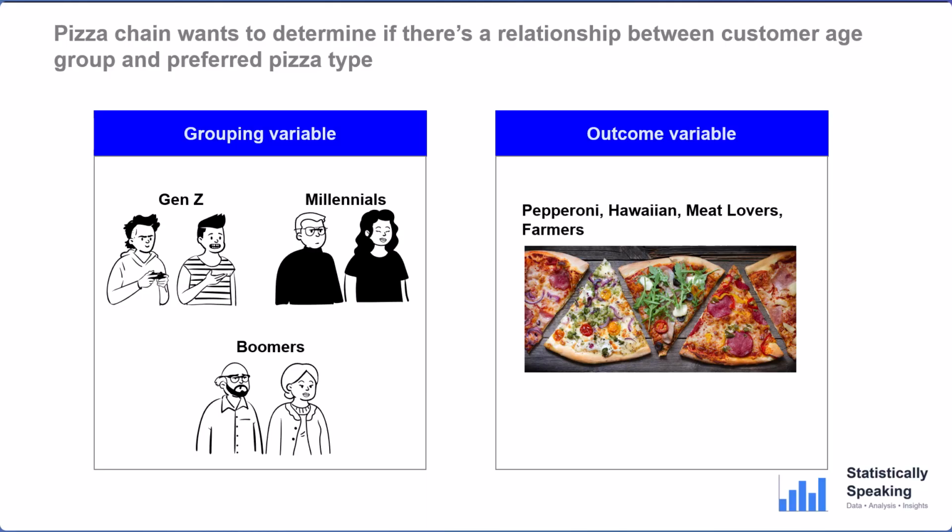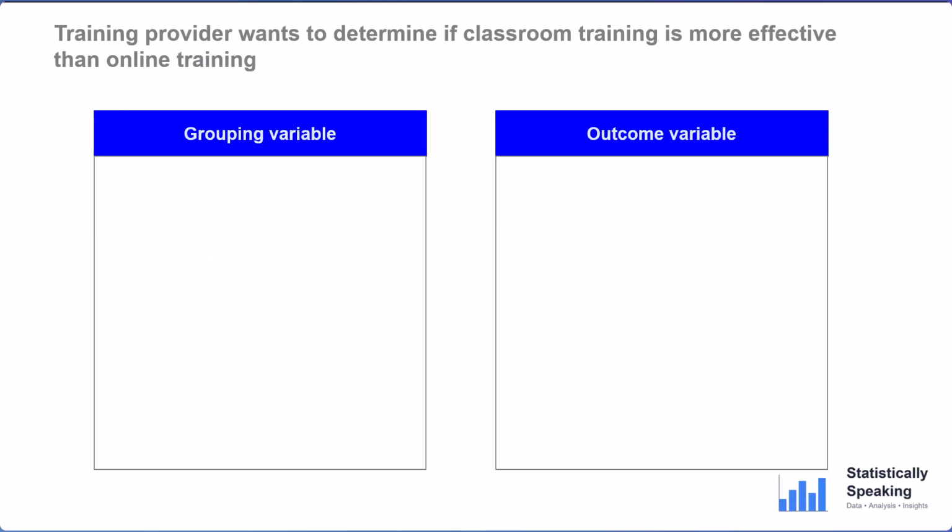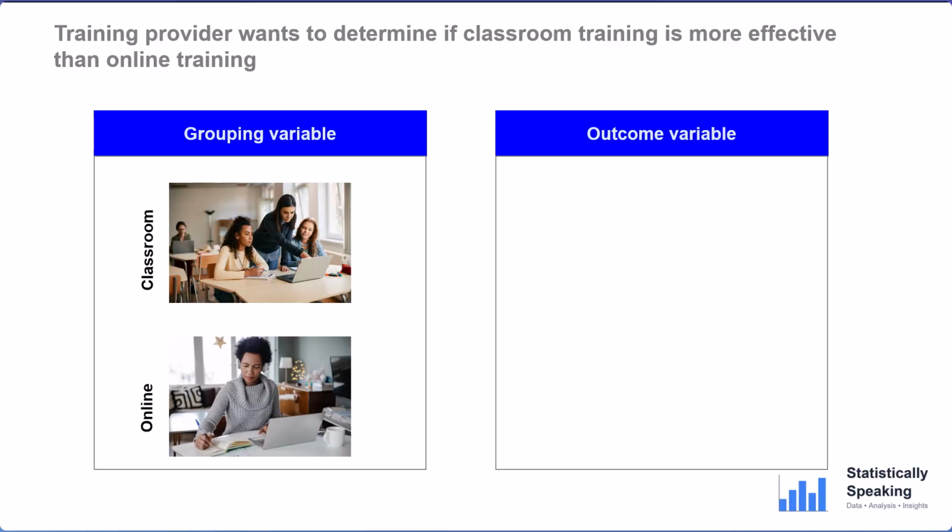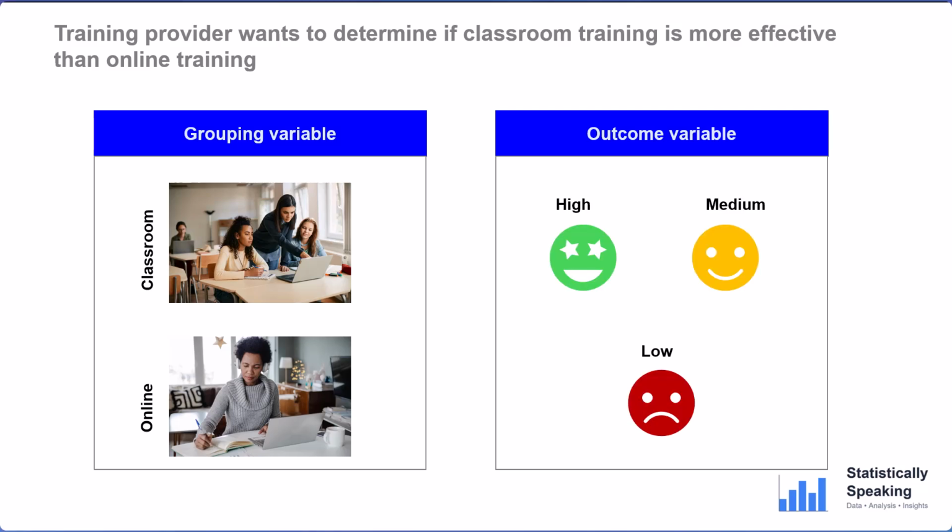The outcome variable will be the different types of pizza: pepperoni, Hawaiian, meat lovers, farmers, and so on. In the next example, which we will do in Excel, is that of a training provider. For this training provider, there are two types of training methods: classroom and online, and those become the grouping variable. The outcome variable will be the performance based on this training method: high, medium, low.